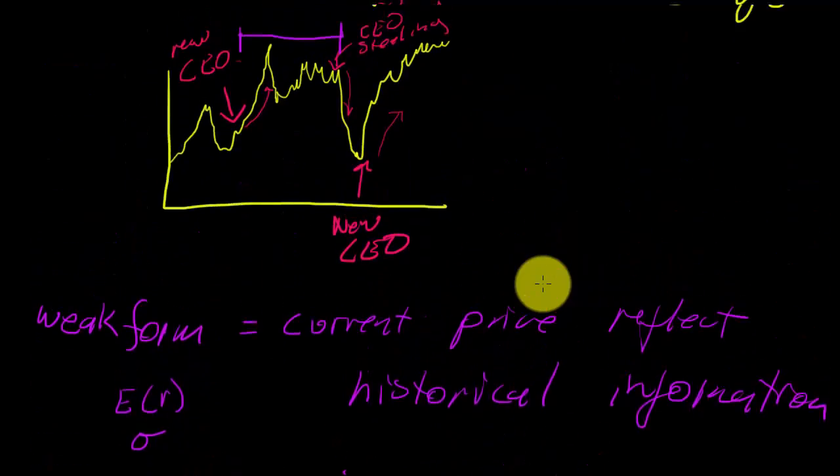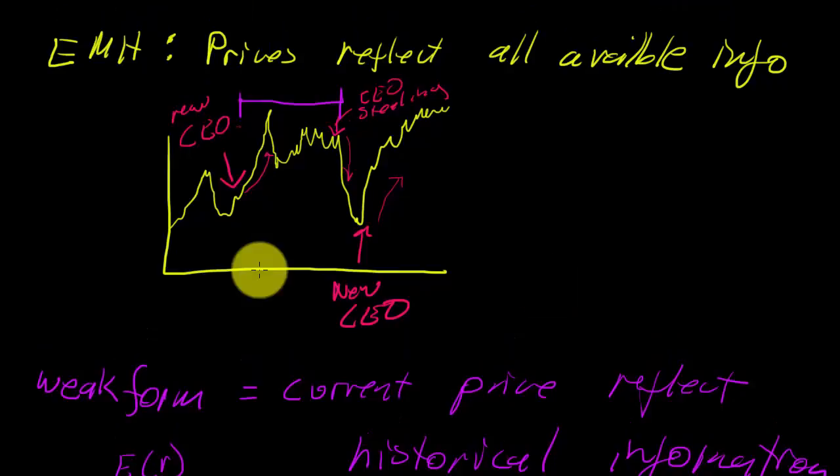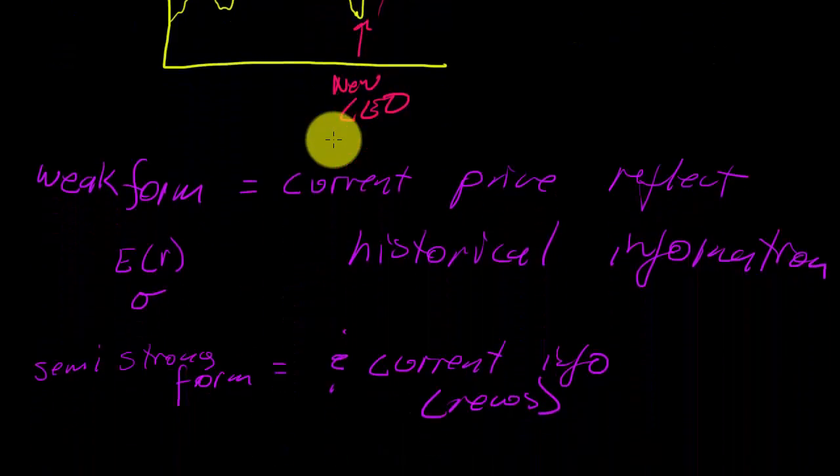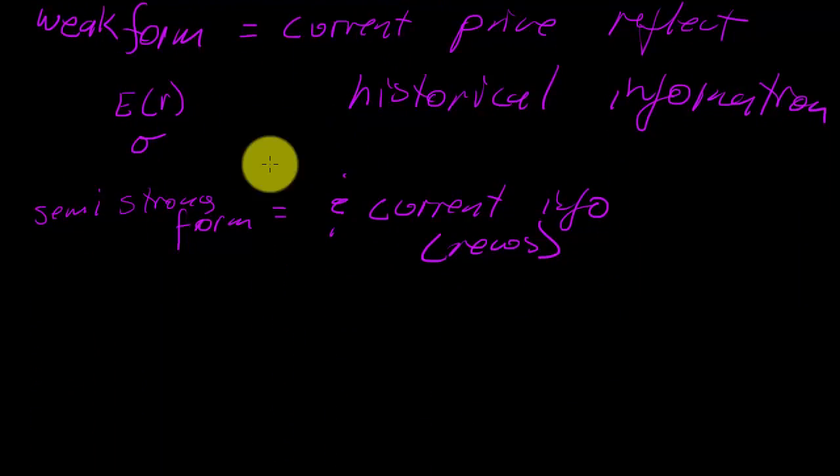In the example above, this is an example of the semi-strong form. The CEO gets hired, prices go up. The CEO is caught for stealing, prices go down. New CEO gets hired, prices go up. As the announcement points come out of each activity, we can see that the prices then change.